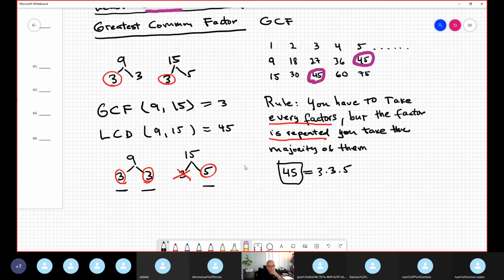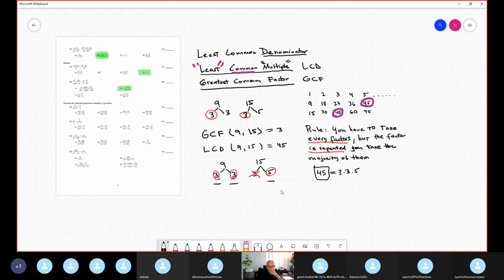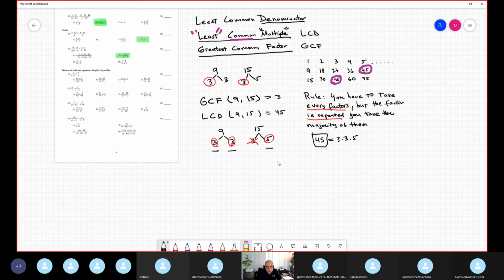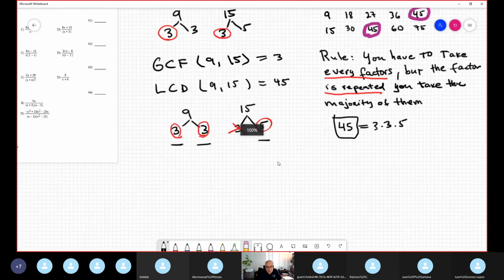Let's move on. Do you understand or no? Okay, I understand, Professor, but we need to use algebra. This is numeric, arithmetic, so it's the same idea. For example, you have one expression that is x squared, and another expression that is x cubed.